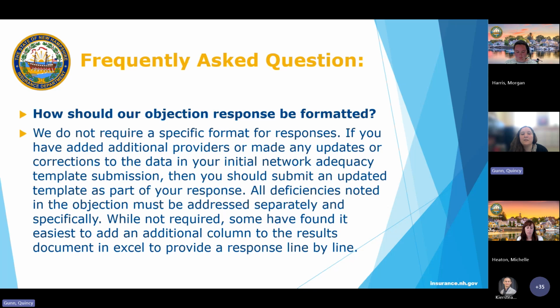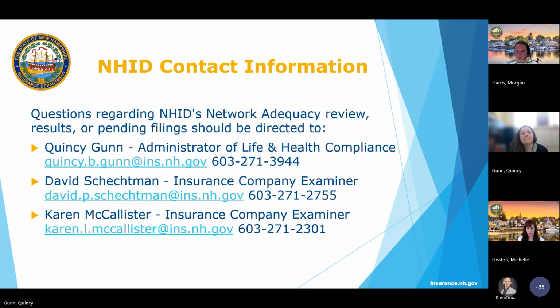Some carriers have found it useful to just submit their response right back to us in the results template. They just add another column, and that way they're responding to each deficiency line by line, just as the results were provided to you. That's definitely not required. It's just something that we've seen work pretty well.